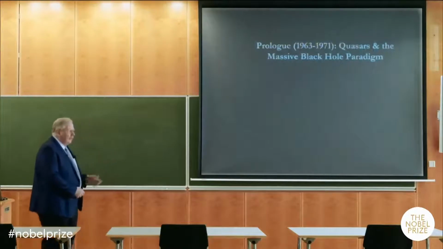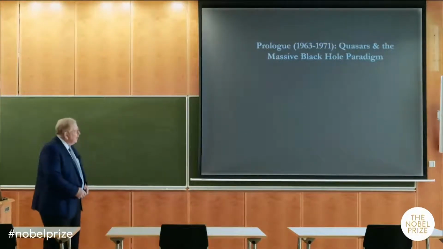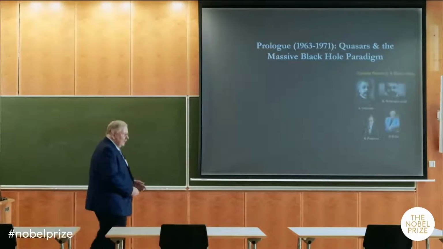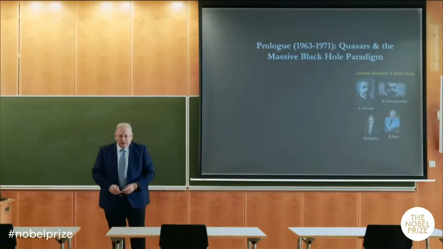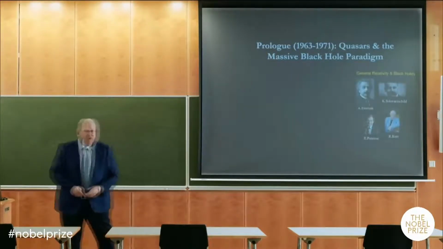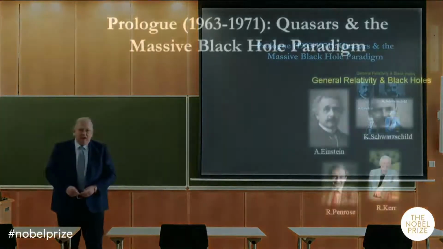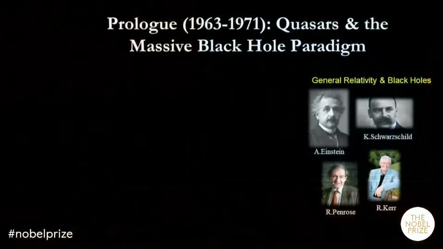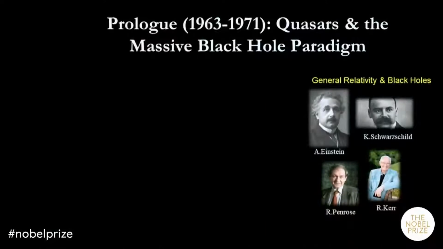Now, let's look at the backdrop. Of course, we know that the theory of general relativity is 100 years old. And the mathematical refinements went on for a number of decades, ending in the 60s with the so-called Kerr space-time metric and the work of Penrose on the ergosphere and others. Roger Penrose being the one who is being honored with the prize this year as well.